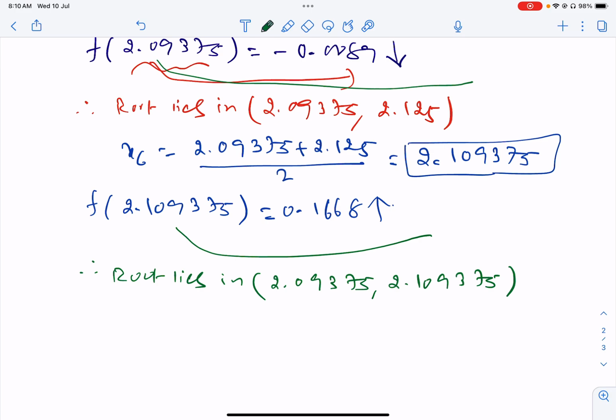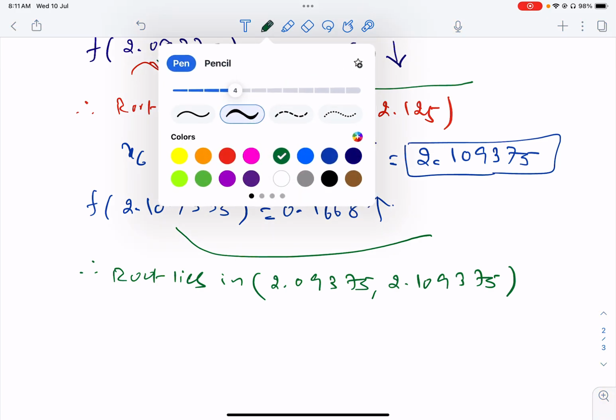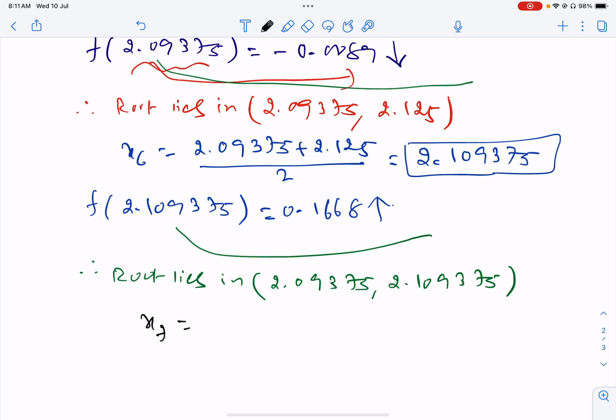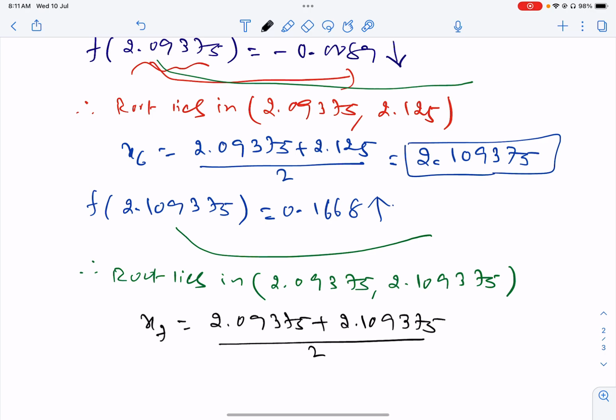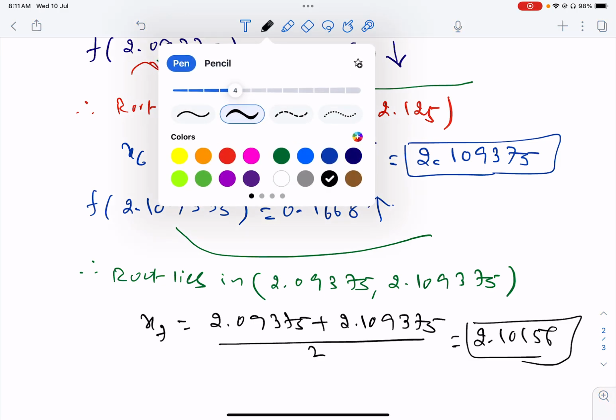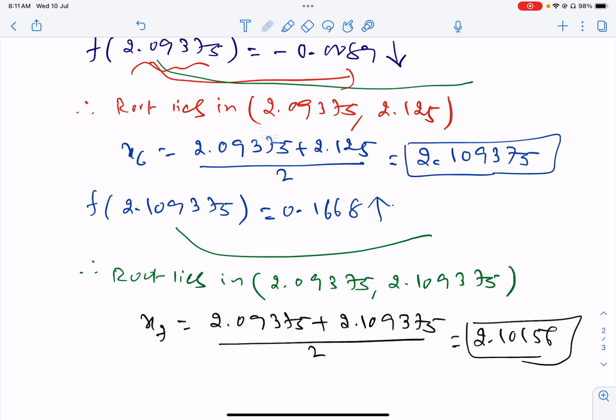Okay, and you will have the next step, x7, that is 2.09375 plus 2.109375 divided by 2, and so that is 2.10156. Now you can see that the roots are almost similar with two decimal digits.